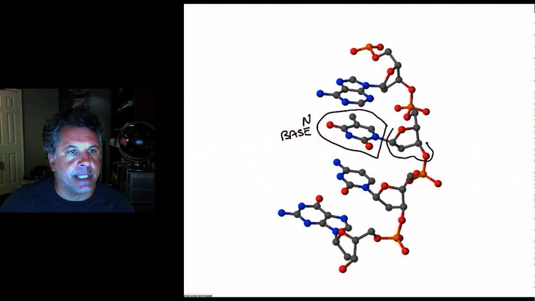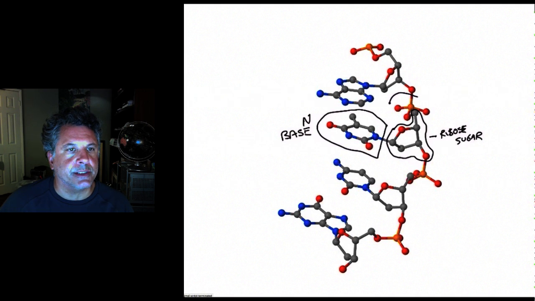And then the second component is a ribose sugar. There's a ribose sugar. Carbon atoms are shown in gray, and oxygens are in red. And you can see that an oxygen lies at the apex of the sugar. And then the third component of every nucleotide is a phosphate group.